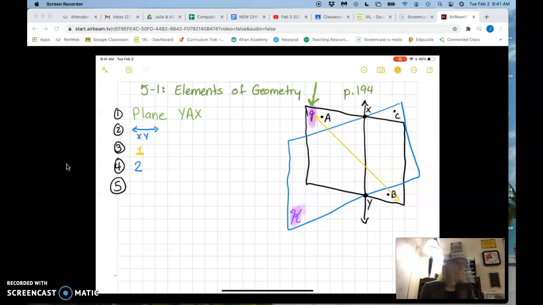I think I'm thinking K. So that was actually a trick question because it wouldn't be in either plane. Point A is in plane J, but point C is in plane K. So they're in 2 different planes. If you connected them, you're kind of making another plane. So the answer is neither.